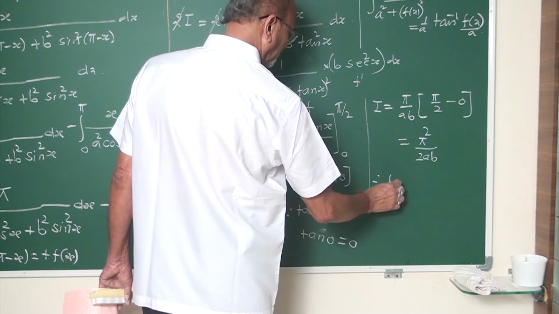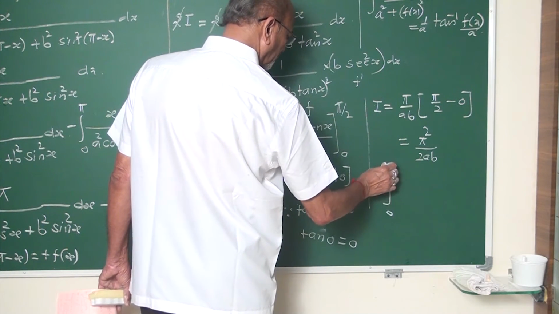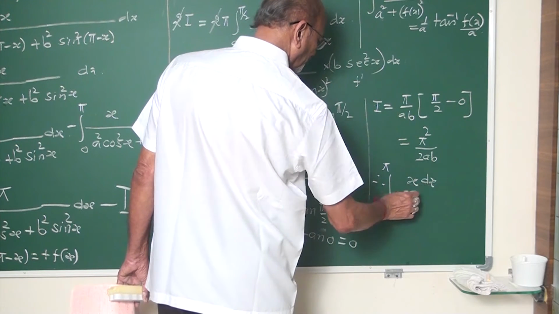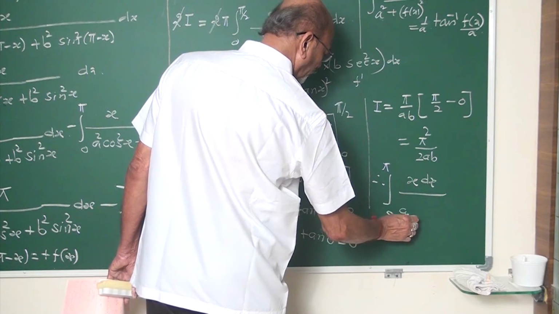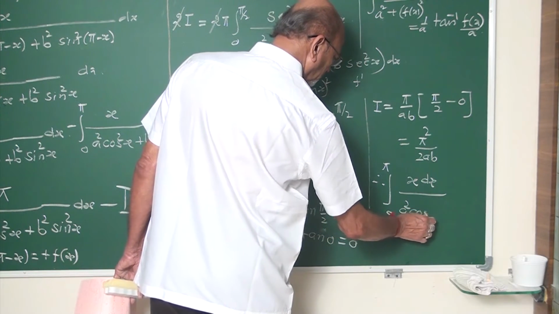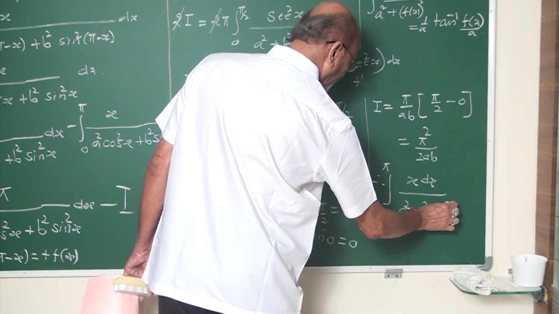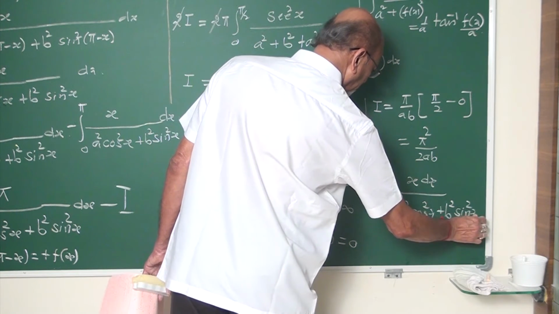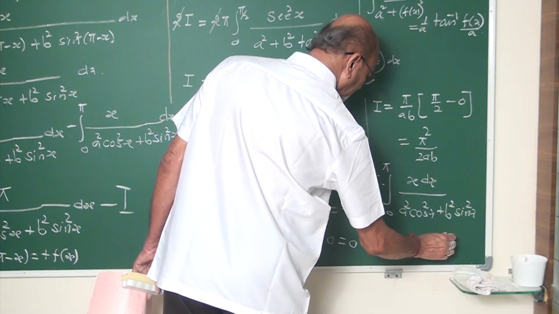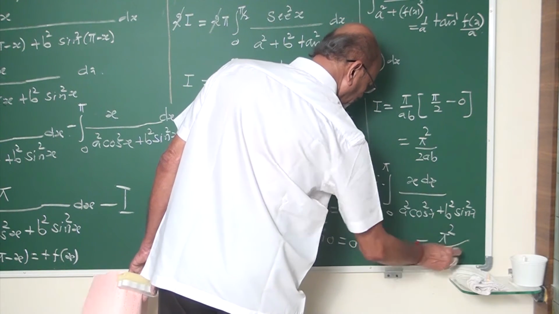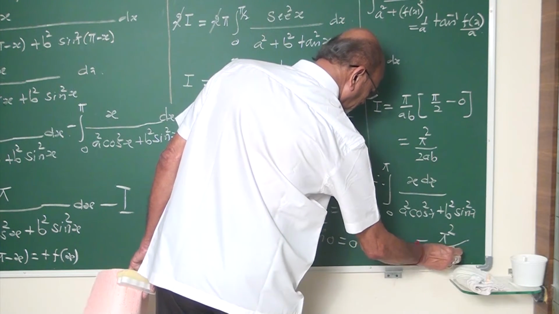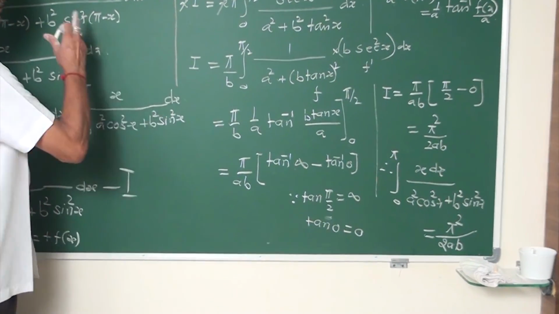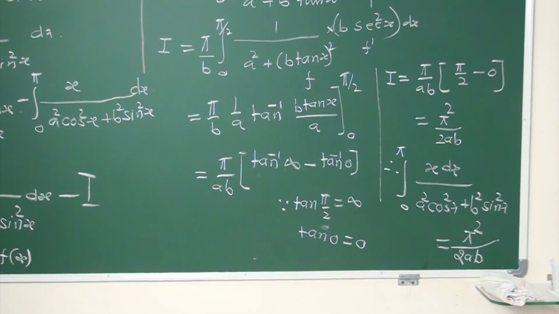Therefore, the integral 0 to pi, x dx upon a square cos square plus b square sin square is pi square upon 2ab. This is the value of this definite integral.